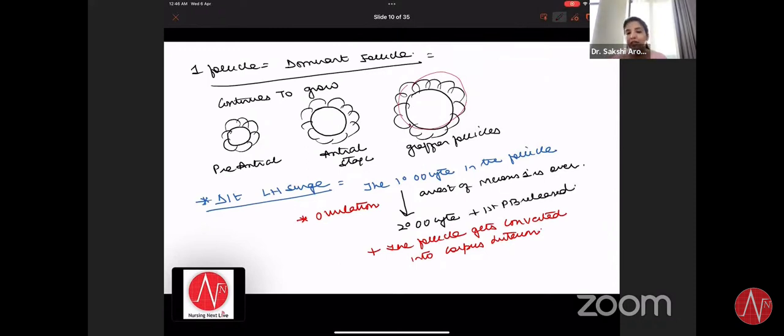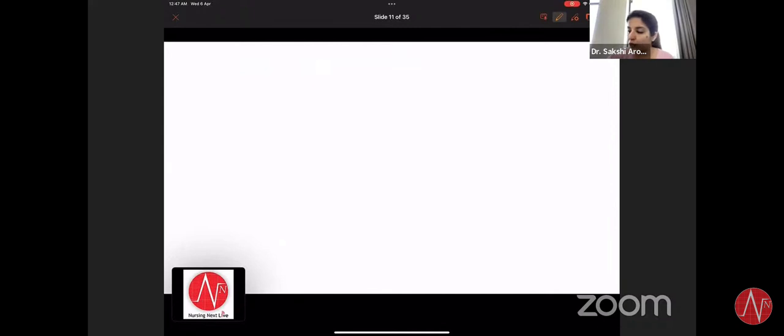And this follicle gets converted into corpus luteum. So till here, have all of you understood? We will be doing questions related to it, but first understand the cycle and then I will tell you all the questions related to it. Yes? Okay. Now your corpus luteum has formed. Ovulation has happened and corpus luteum has formed. Now corpus luteum grows.